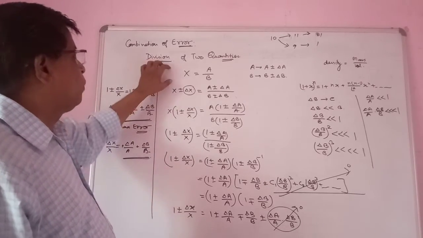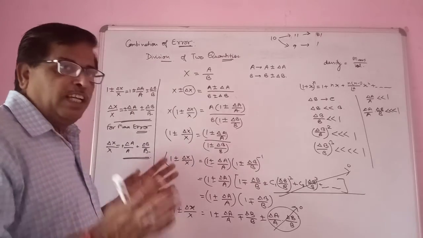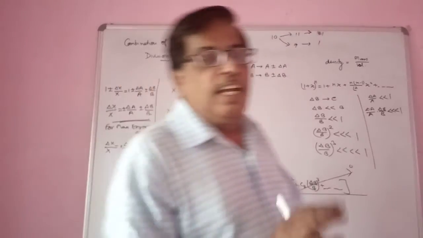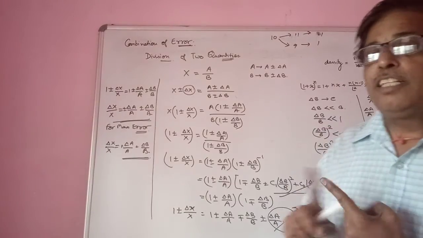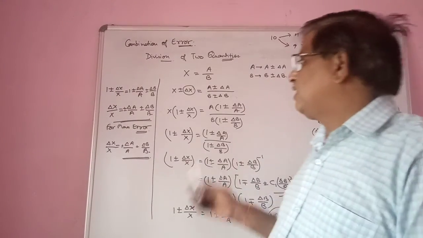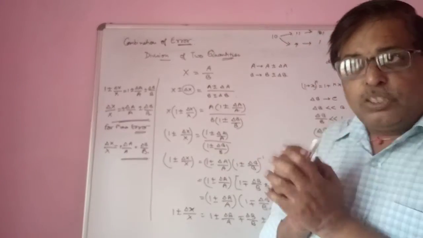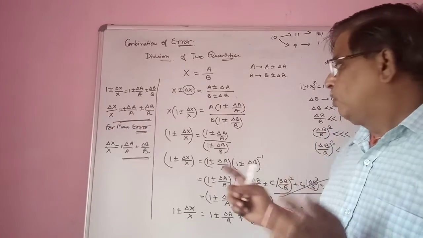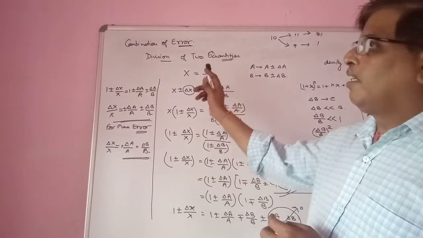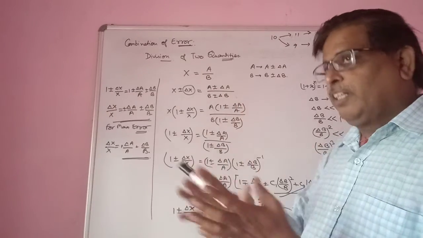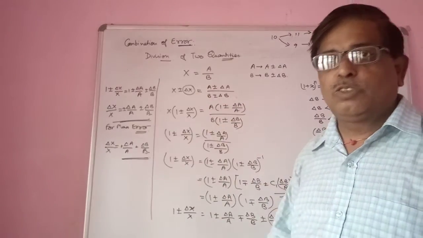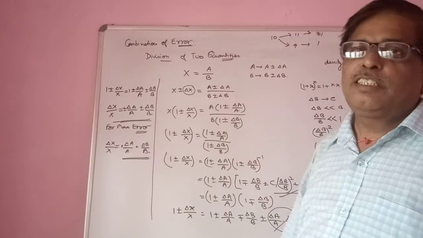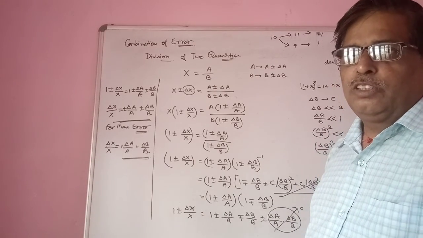That means in the case of product and division, relative errors are added, and in the case of addition and subtraction, absolute errors are added. This is the difference between addition and subtraction in one case, and product and division in the second case. So this is all about it.